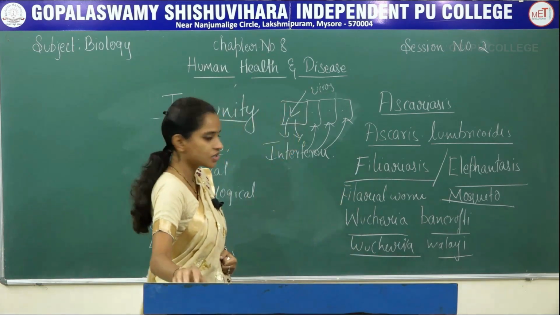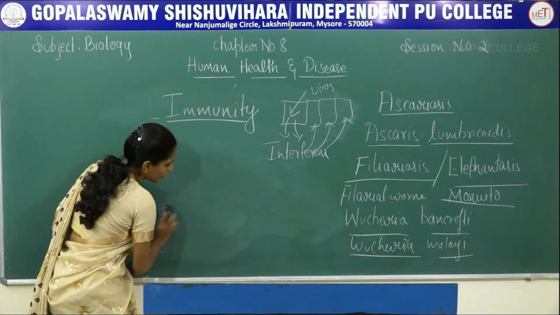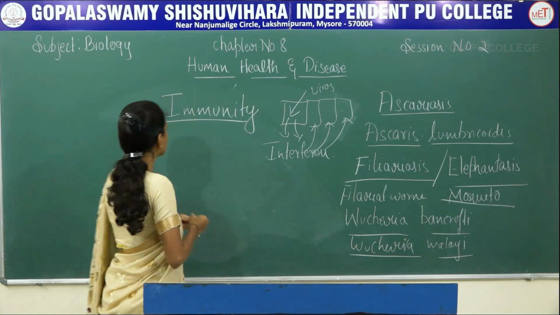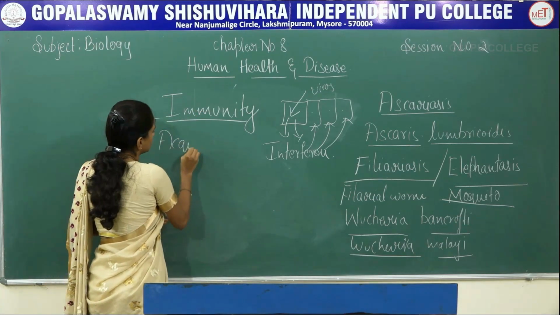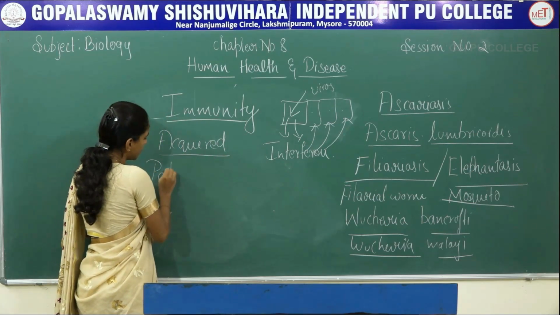Next form of immunity will be acquired immunity. These are pathogen specific.